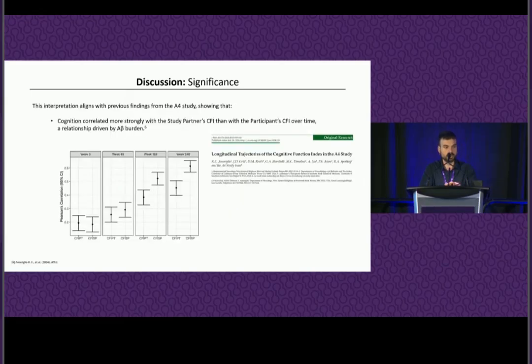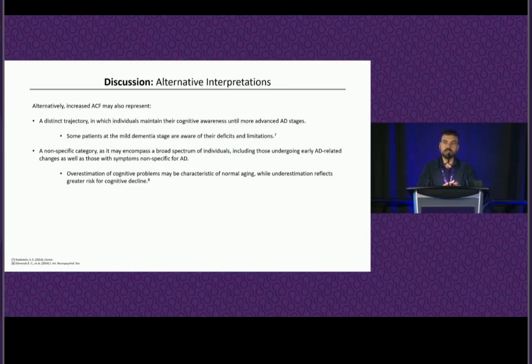This interpretation aligns with previous findings from the A4 study, showing that cognition correlated more strongly with the study partner CFI than with the participant CFI over time, a relationship driven by amyloid burden. Alternatively, increased ACF may also represent a distinct trajectory in which individuals maintain their cognitive awareness until more advanced AD stages. We know that some patients at the mild dementia stage are aware of the deficits and limitations.